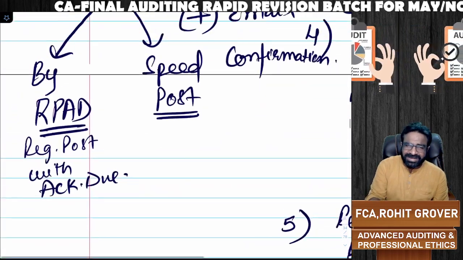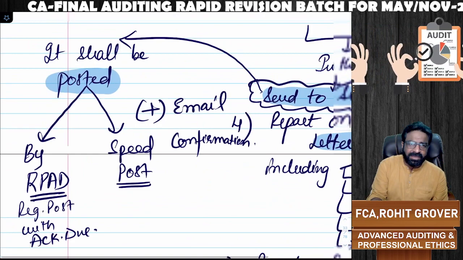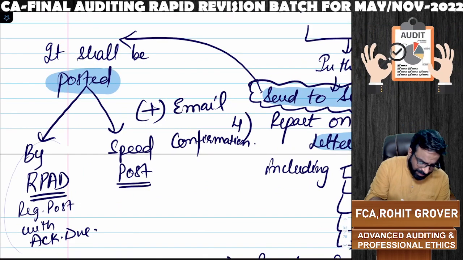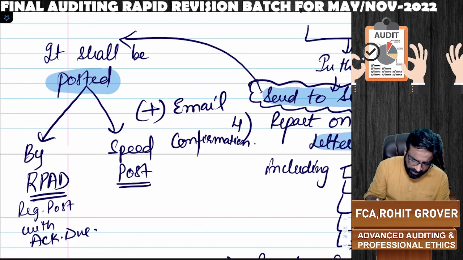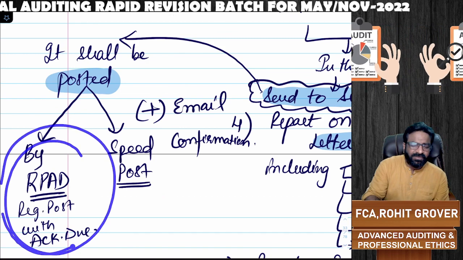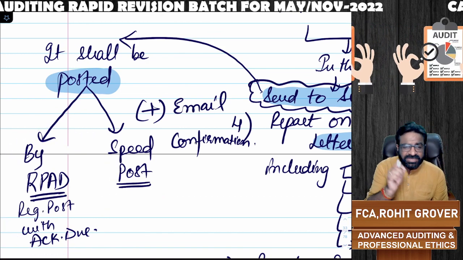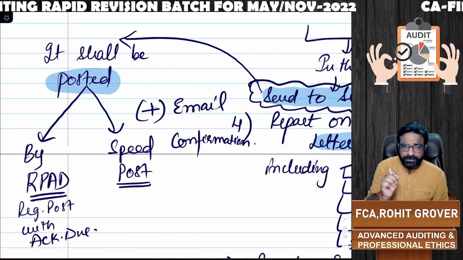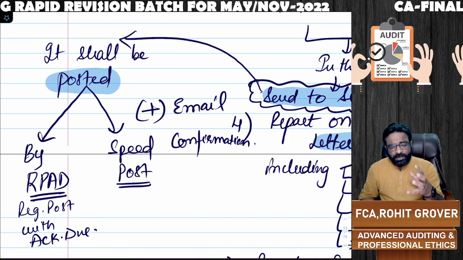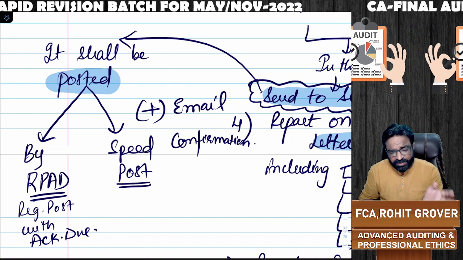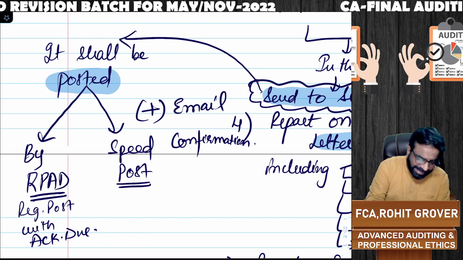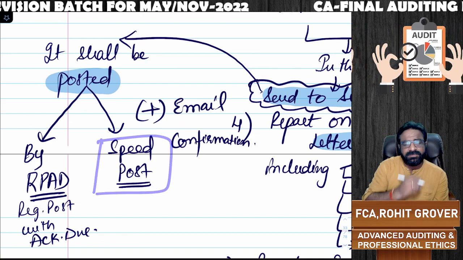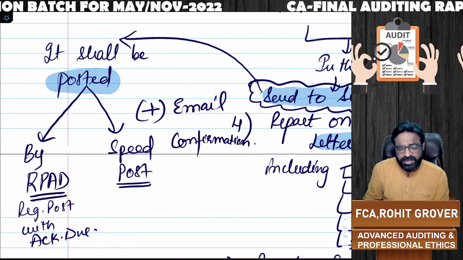And when you are sending it to the Secretary MCA, make sure that you are sending it via registered post with acknowledgement due. You are sending it via RPAD, registered post with acknowledgement due. But if registered post with acknowledgement due is not possible for you, then in that case, at least send a speed post. At least send a what? Speed post.